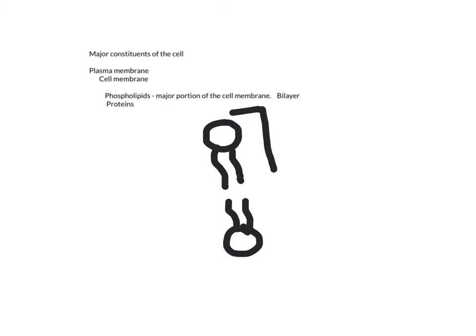So if we think about the cell itself, one of the things that we see with this is that this phospholipid bilayer looks something like this, where we have two sets of phospholipids, okay? So each one of these is a phospholipid. The entire thing is the phospholipid that we had talked about over in the chemistry chapter.